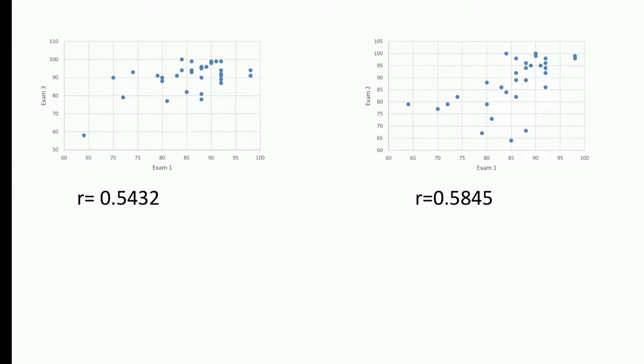It wouldn't all be in a straight line, but it would be generally upward. If instead I was standing over here and shot the screen with my shotgun, it would create a set of dots, a pattern that went down and to the right instead of up and to the right. So that's the difference between positive and negative.